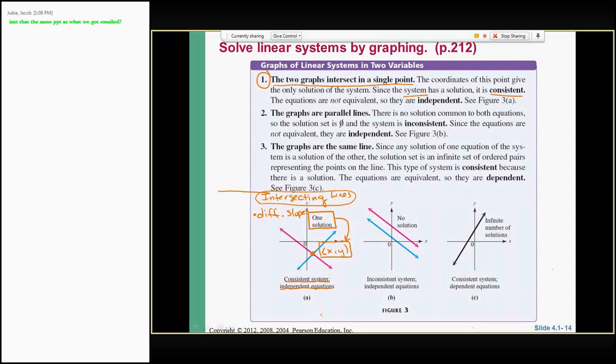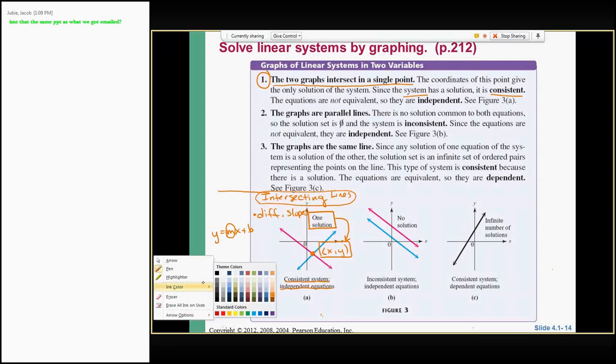Now this is important because the last part of your homework, I think it's going to ask you to identify if the lines are going to intersect just by putting them in slope-intercept form. So if you can put them in slope-intercept form, their slopes for intersecting lines are going to be different. So you just compare those 2 slopes. Then you know if the slopes are different, they're going to have to eventually touch. Okay, now let's go to the middle picture.